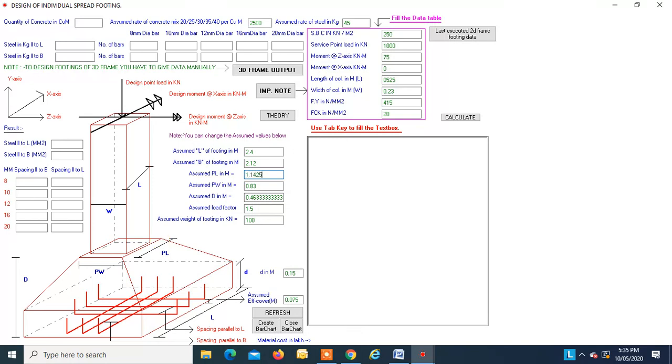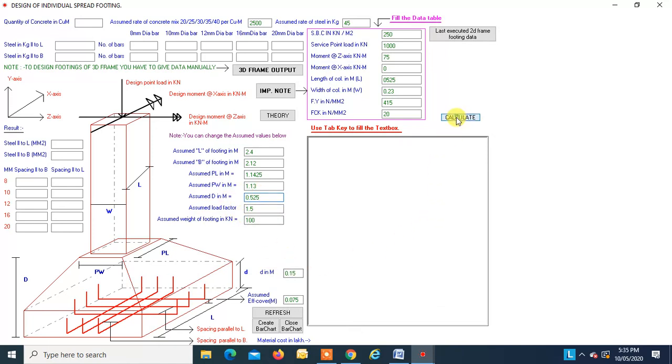Now this is PW, which we have assumed as 1.13. And depth we have assumed as 0.525. Our effective depth is 450 and cover is 75, so 525 will be the overall depth, right?